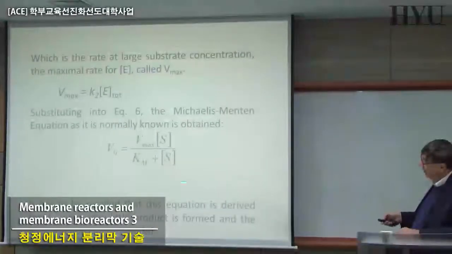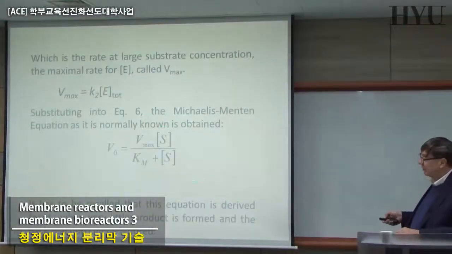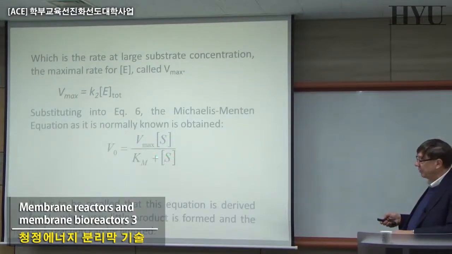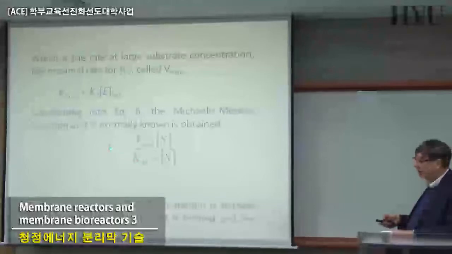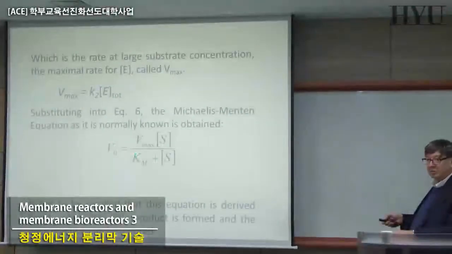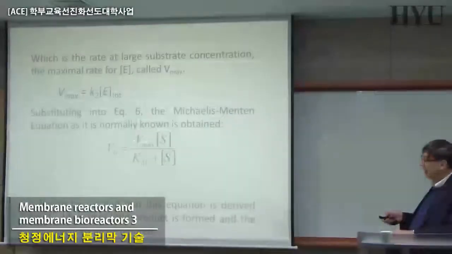At the end, that is the equation that you have to remember. The typical version is V0 equals Vmax times the substrate concentration, divided by the substrate concentration plus the Michaelis-Menten constant. Now the point is how to measure the Michaelis-Menten constant and the Vmax.